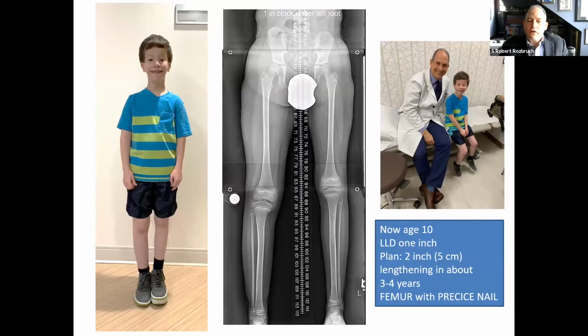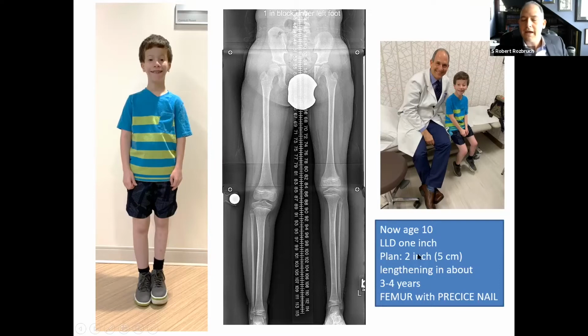And he's all healed. So I follow him, and now he's age 10, so it's 3.5 years later. As predicted, he's developing some additional leg length discrepancy. That's what we expected. You can barely see where the lengthening was done because of the remodeling process of the tibia.